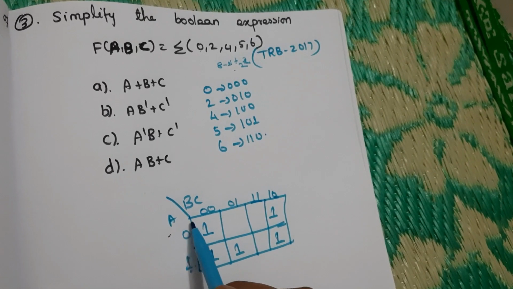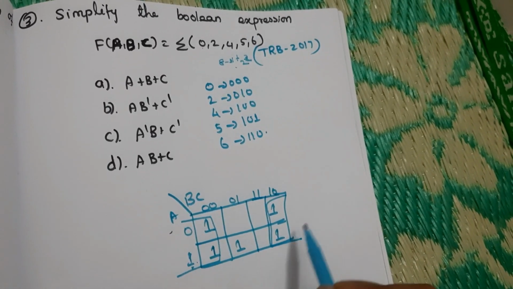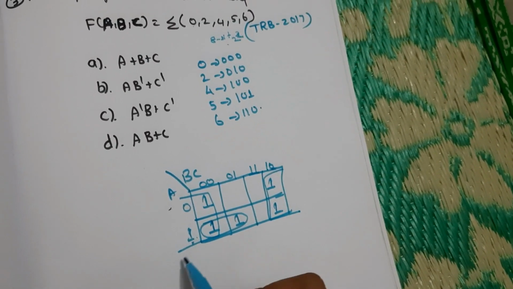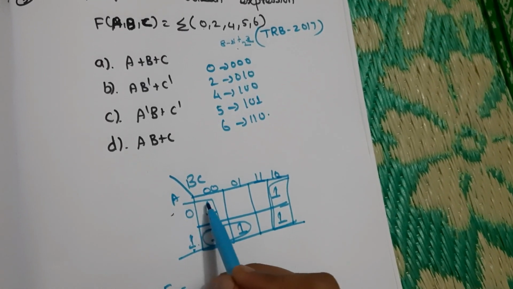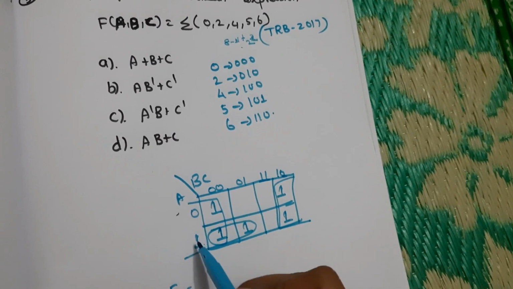Solving this, we can group these 4 cells, which make a square, and also this group of 2. Now we can easily solve this. If we consider these 4 cells, which bit values are changing?